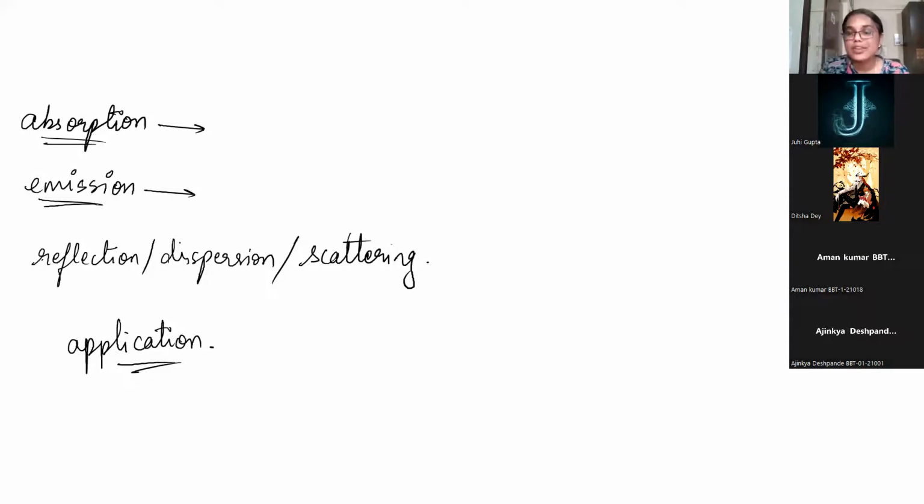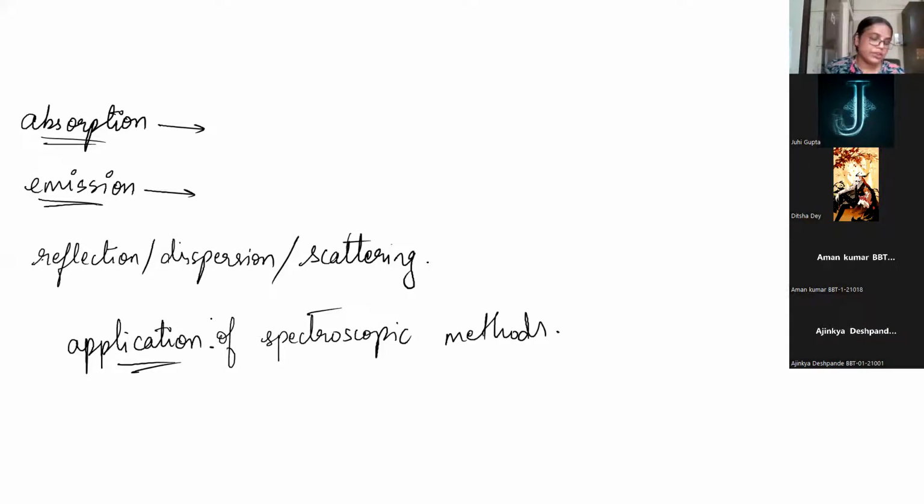That's why we call this applied biochemistry. Biotechnology is nothing but applied, a lot of applications, a technique application. So: application of spectroscopic methods. This aspect is very, very important.